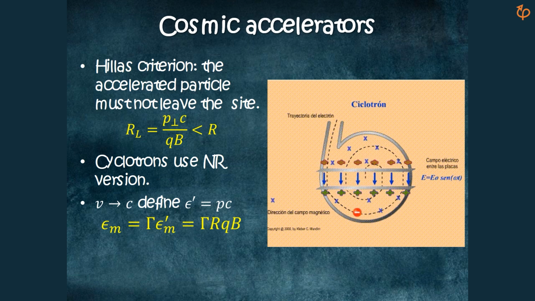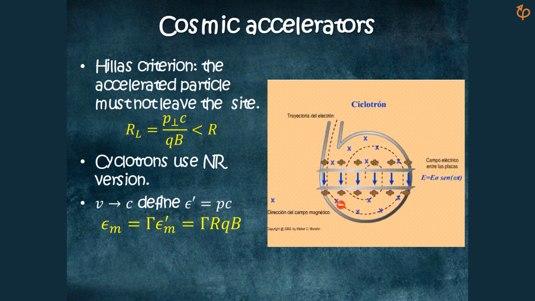So when the particles reach velocities close to the speed of light, we can change the momentum times the speed of light to the energy of the particles, but this is the energy of the particles within the frame of the cyclotron. Remember that the cyclotron itself is moving at a Lorentz factor of gamma, so the energy that we will observe is the Lorentz factor of the cyclotron times the energy of the particles.